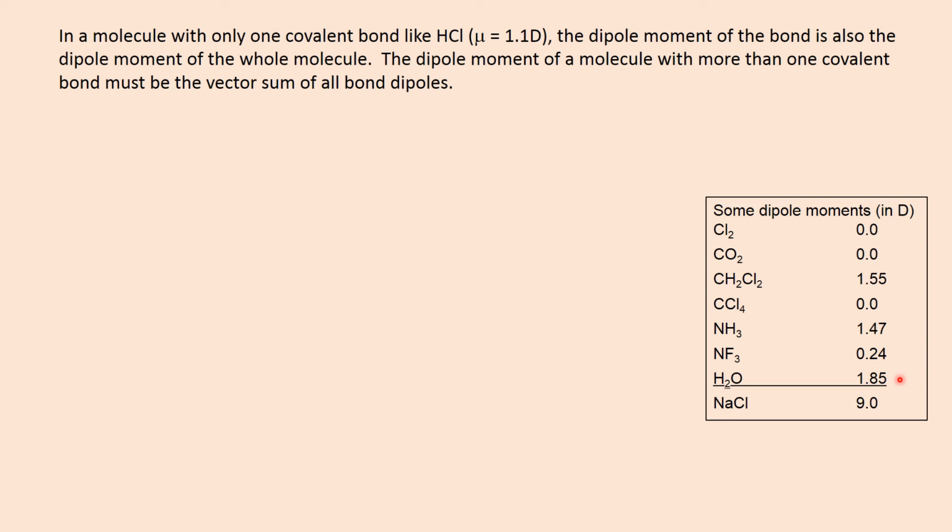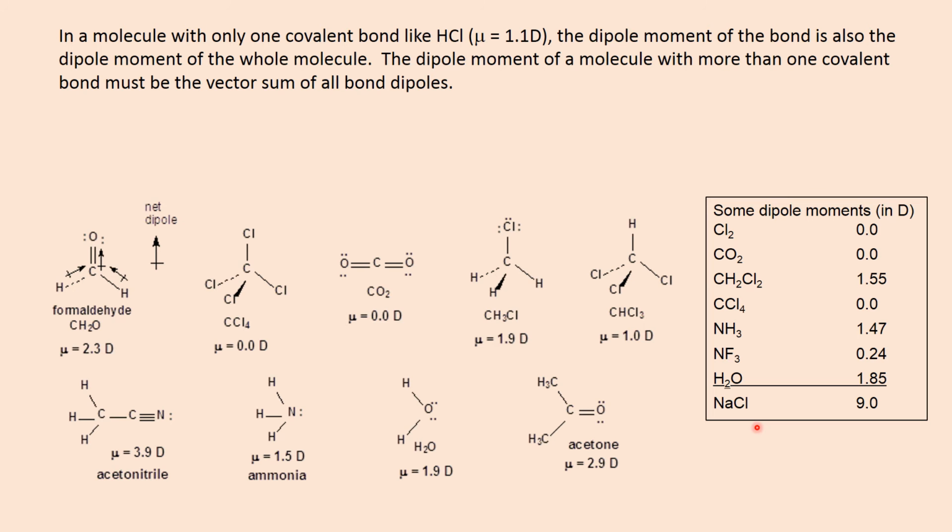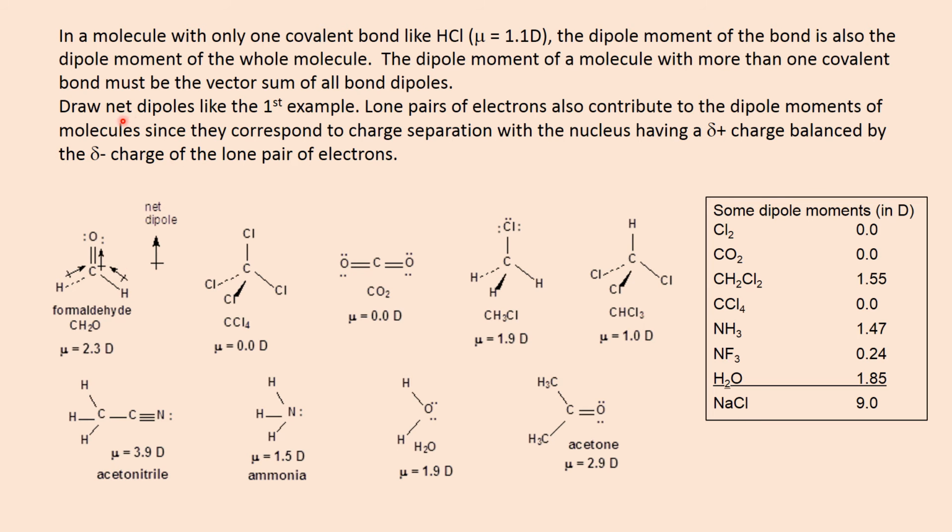And for comparison purposes, here is an ionic compound where there's greater charge separation than in these polar covalent compounds, and we see a pretty high value, 9.0 debye for sodium chloride. So here's some structures. What I'd like us to do is estimate the net dipoles, which I'm showing here. And to do this, we're going to mentally, not mathematically, but simply mentally combine individual bond dipoles.